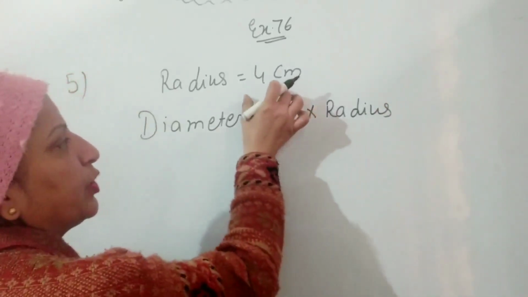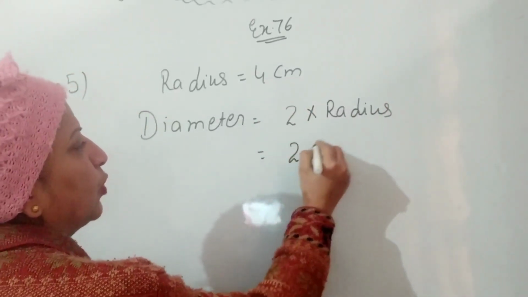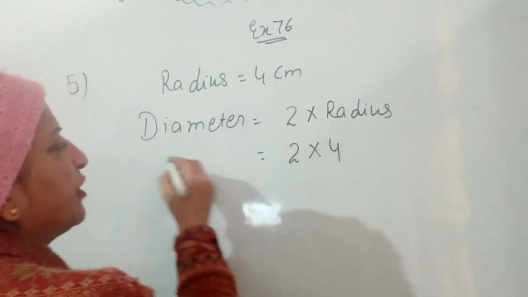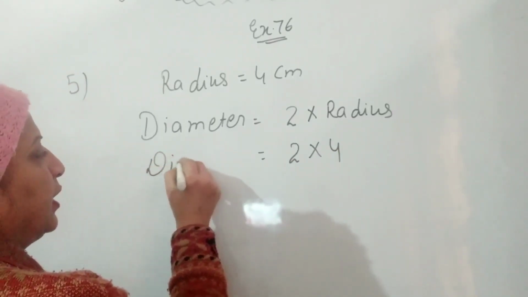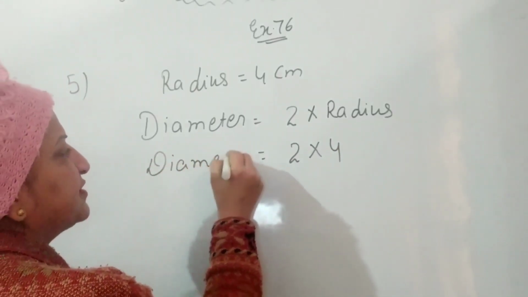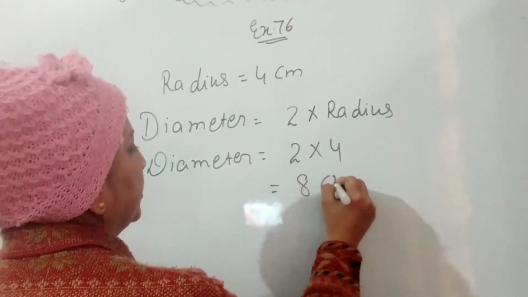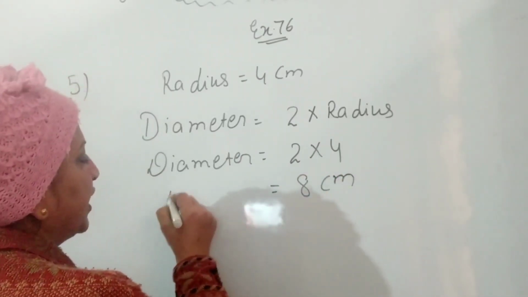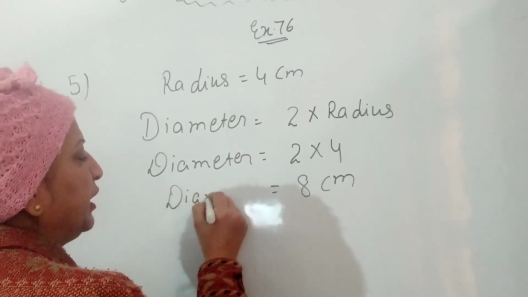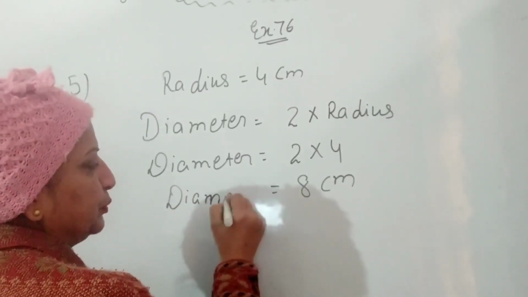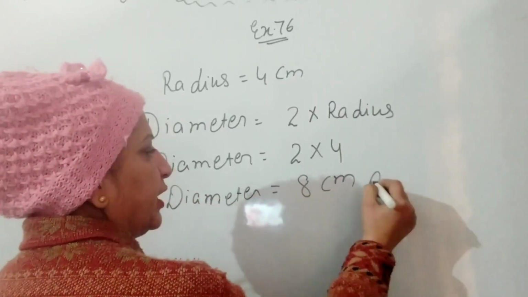Here the radius is equal to 4 centimeter, and when we multiply this radius by 2, then we get the diameter. So our answer is 8 centimeter. Clear this one?